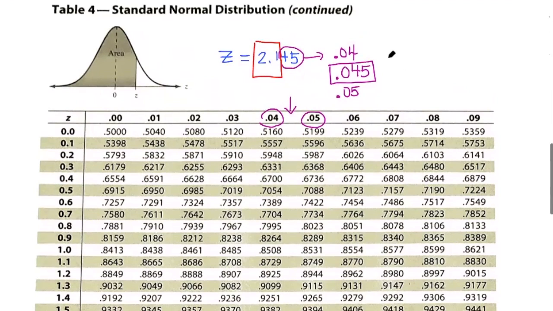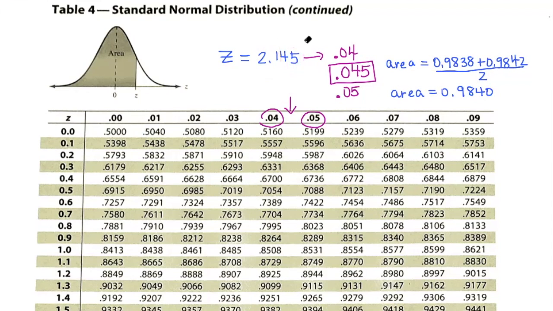So again, to find the area for this one, we actually need to find the value in between 0.9838 and 0.9842. So we're going to add those up. We're going to divide it by 2. And that gives us an area of 0.9840.